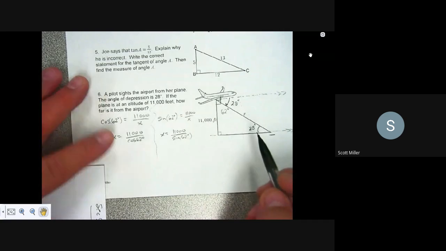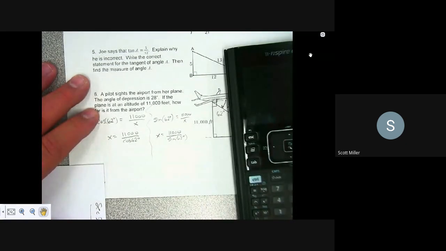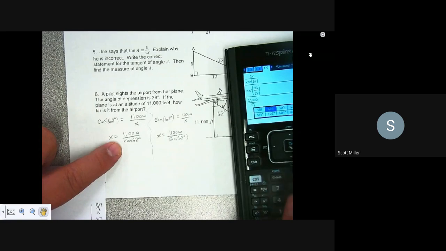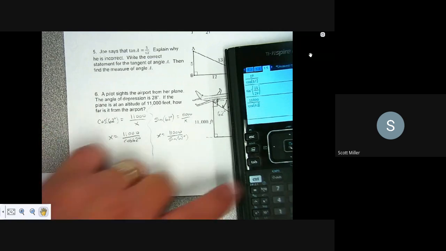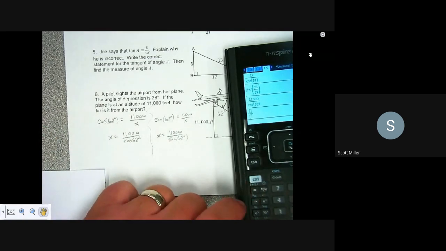Wow. Let's see what happens. We've got a calculator. We'll start with this one. 11,000, and this is going to be the cosine of 62 degrees. Gives me that number. And let's do the next one, and we'll compare them.